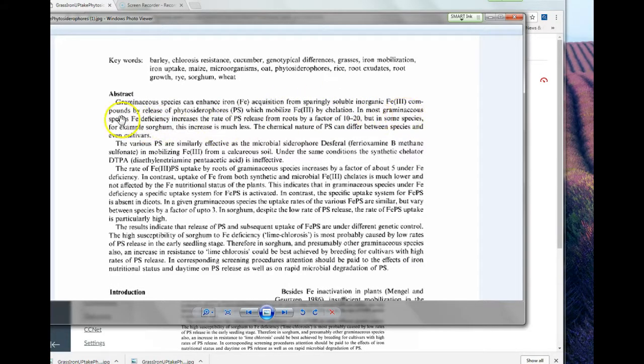In most gramineous species, iron deficiency increases the rate of phytosiderophore release from the roots by a factor of 10 to 20, but in some species like sorghum, this increases much less.